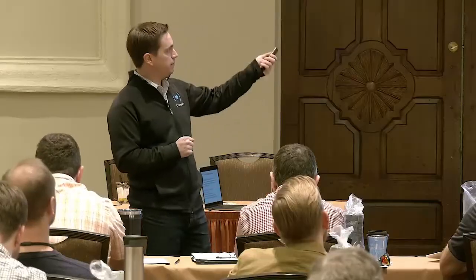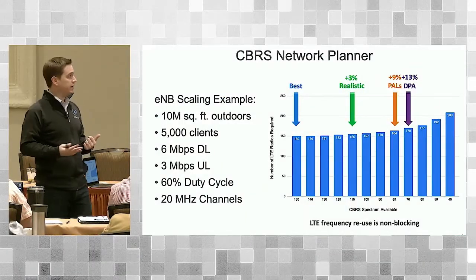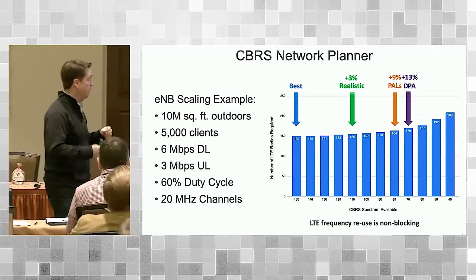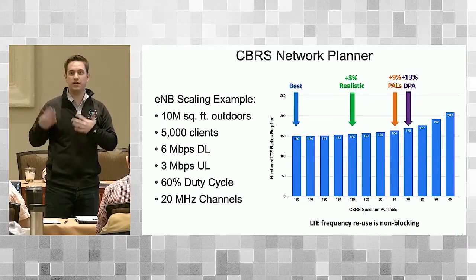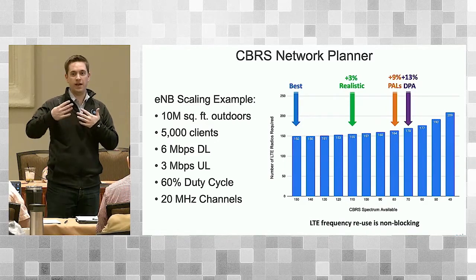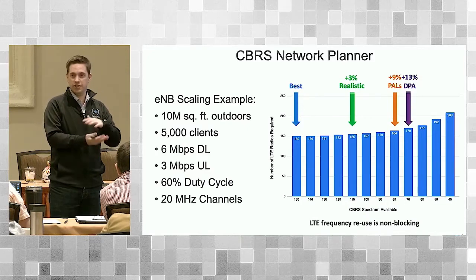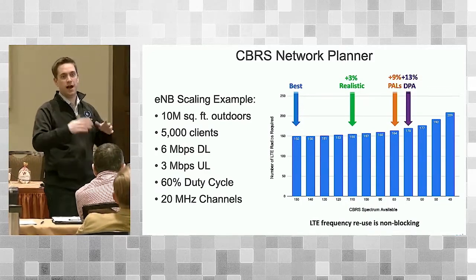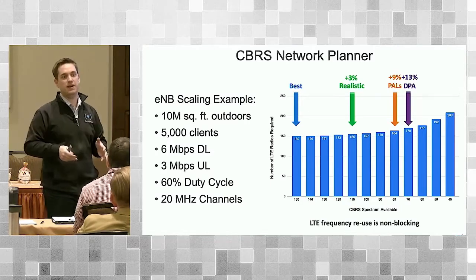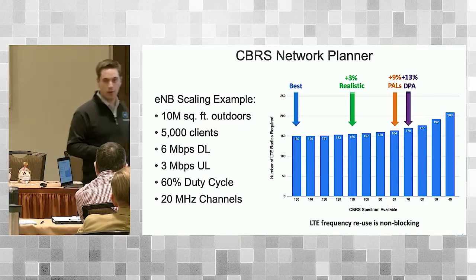And again, how much spectrum should you plan for? We've covered that already. So here's an example. If I have a 10 million square foot outdoor environment and I'm modeling a very specific capacity requirement, this is a capacity-driven model. I'm having enough radios driven by capacity that if it was coverage, I'd need fewer. What happens if I start taking away spectrum?